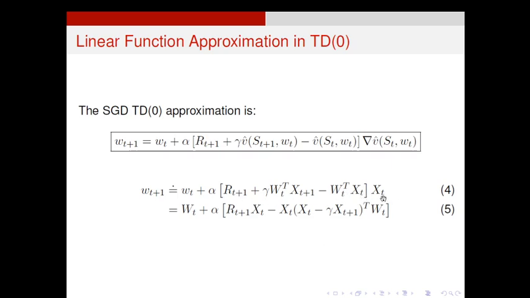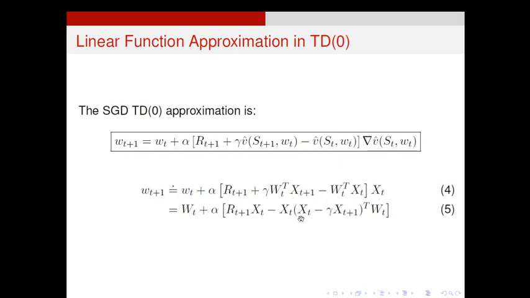Then we apply some matrix manipulation. This Wt is defined for all t, and Wt plus 1 becomes Wt plus alpha into Rt plus 1 into this Xt. We have to multiply this entire expression by Xt, minus, I am taking this Xt common, considering both terms.